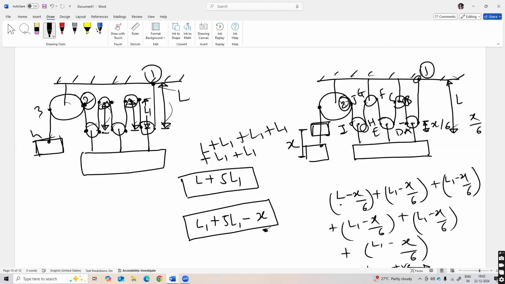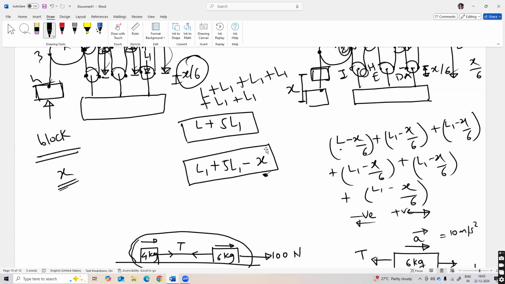So what it tells is, if this block on the left hand side moves by distance X, then these three pulleys have moved by distance X upon 6. So when this block moves by distance X, these pulleys move by distance X by 6.